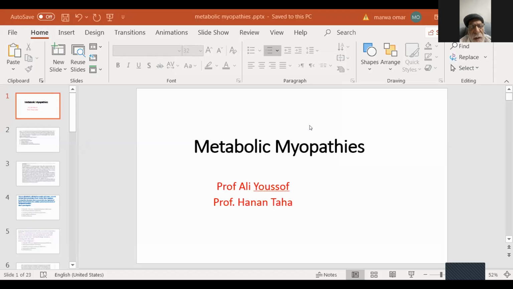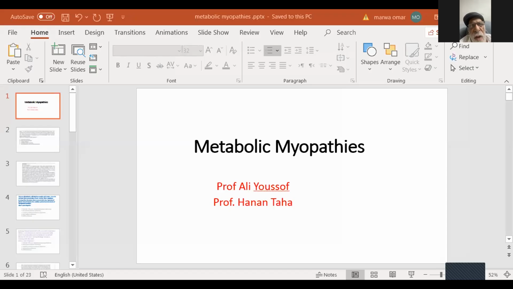If there is a defect in either myophosphorylase or the brancher enzyme, this means that the glycogen will not be transformed to glucose. And for this, the patient will suffer from weakness, cramps, and myoglobinuria and rhabdomyolysis.